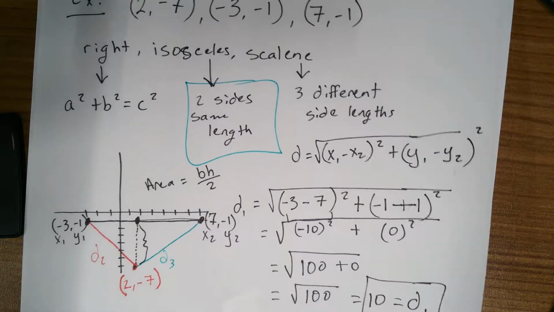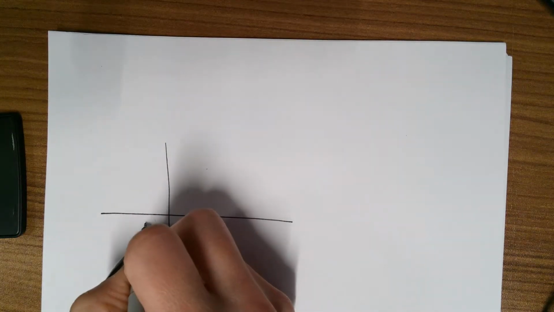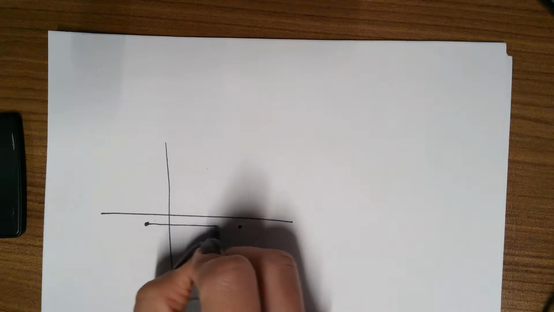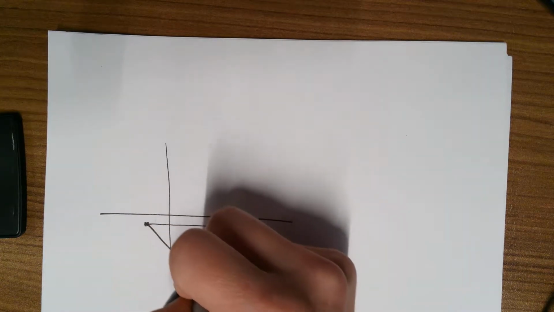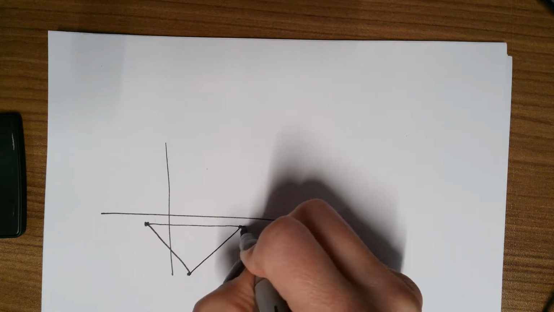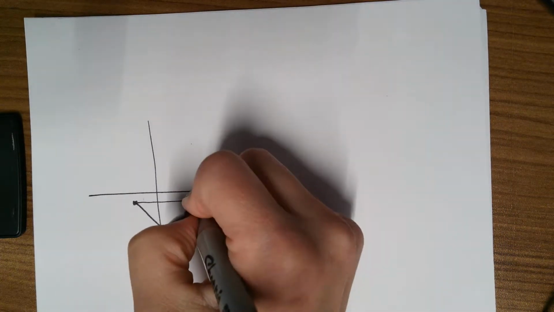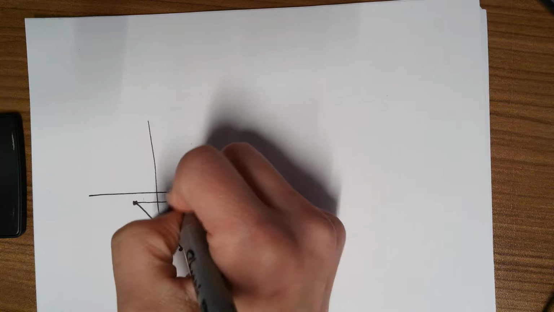So let me get a new sheet of paper. I'm just gonna rough sketch. This right here, and we already determined that the top will end up being my base.